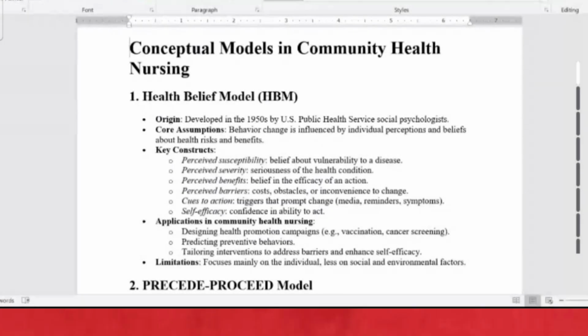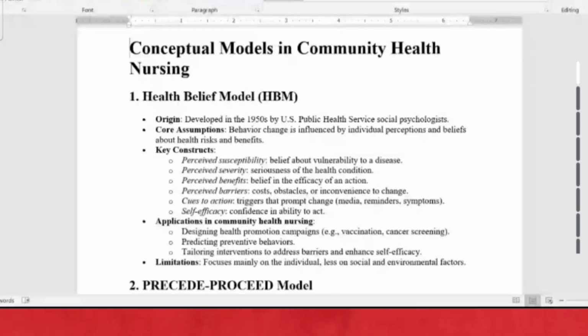So we have got key constructs. When you're talking of constructs, these are just the building blocks of this health belief model. It anchors on the following. 1. Perceived susceptibility. When you perceive that you are susceptible, it is like you believe you can get a particular disease.